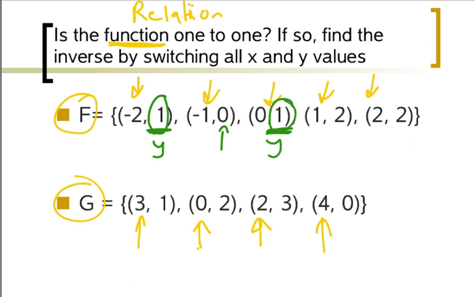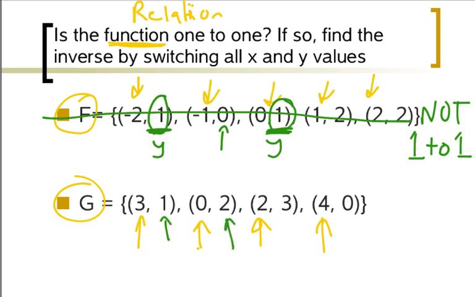Since I have a repeat here, this one is not one-to-one. Now we look at the second one, and we'll see that we have 1, 2, 3, 0. All of those y values are different, so this one is actually one-to-one.